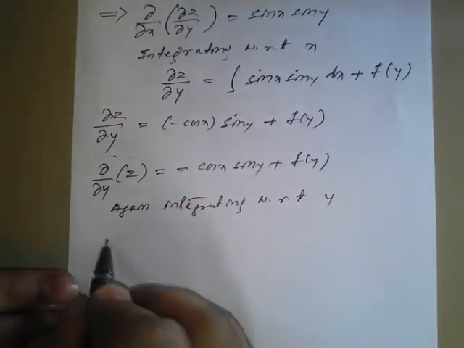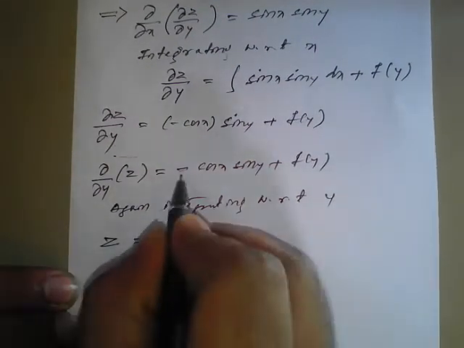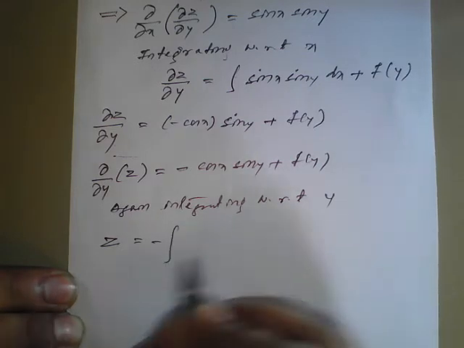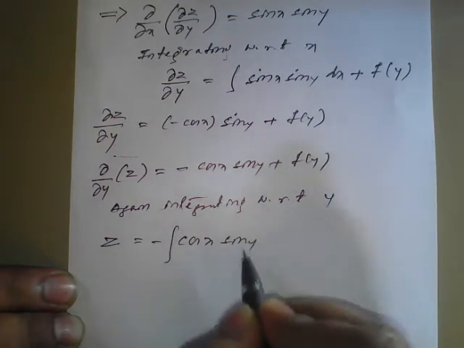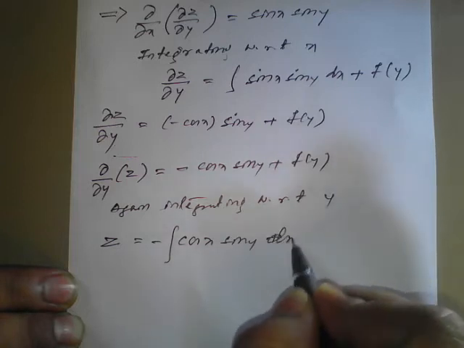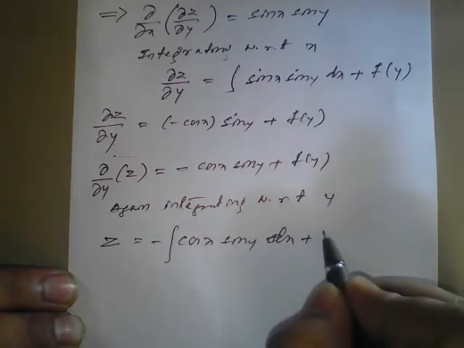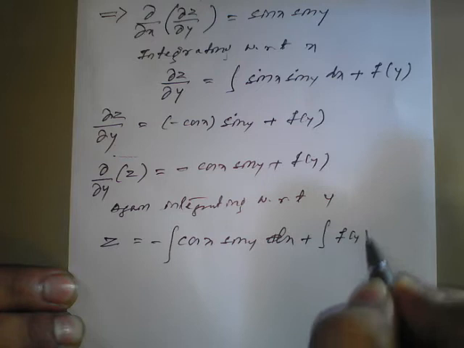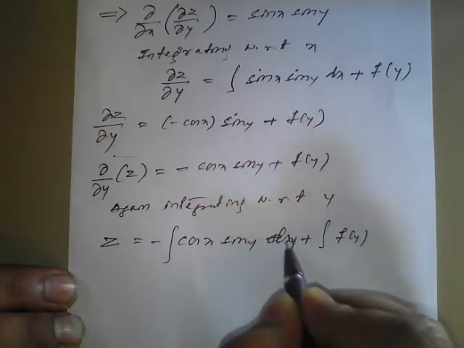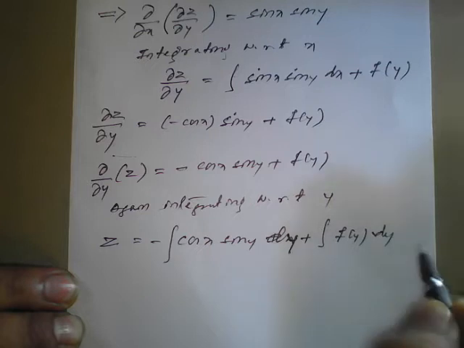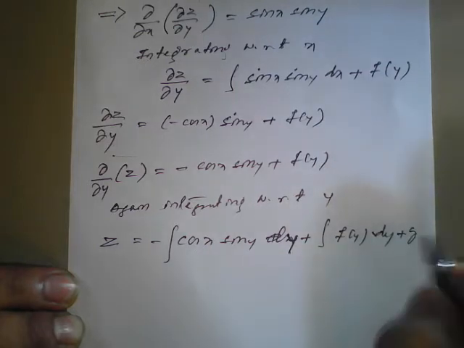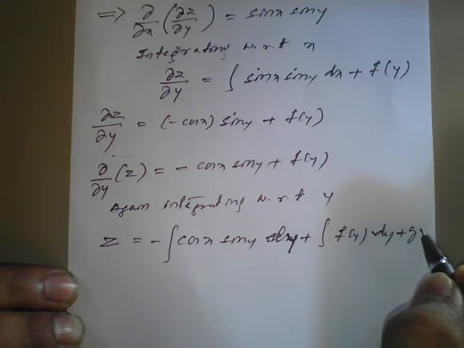What is left is z equal to minus the integration of cos x sin y dx, plus the integration of small f of y with respect to y, dy, plus you need to add an arbitrary function, an integrating function, g of x, the opposite of y.